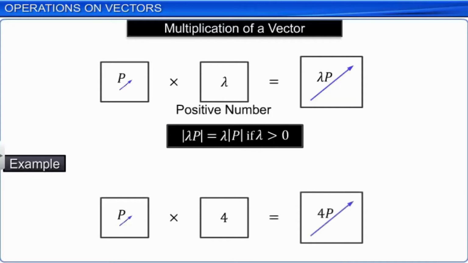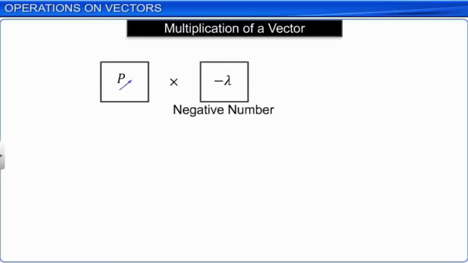mod p. On the other hand, when you multiply a vector p with a negative number lambda, you get vector minus lambda p, whose direction is opposite to the direction of p, and its magnitude is minus lambda times that of mod p.